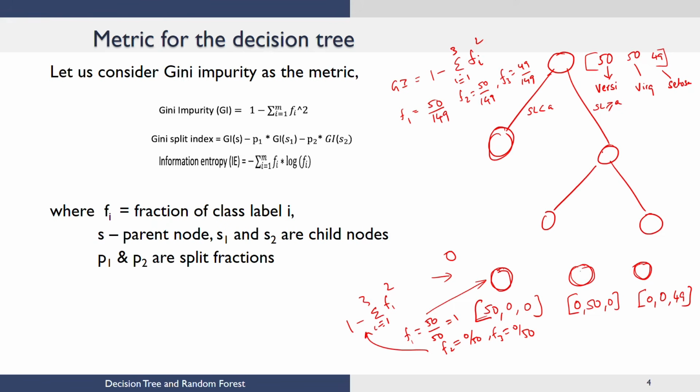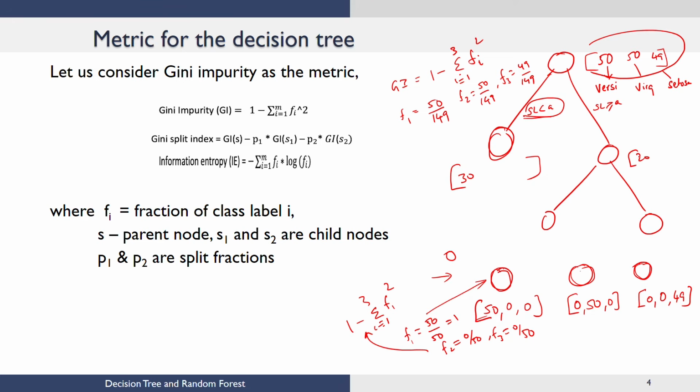Then, if this is how I am going to unravel this tree, of all the samples here, I find the samples that satisfy this condition and put them here. Maybe of the 50 samples, and we will see the actual values, I am just explaining this. So, maybe of these 50 samples, 30 are such that sepal length is less than a, and the remaining 20 will go here.